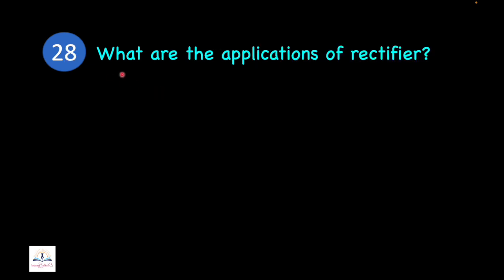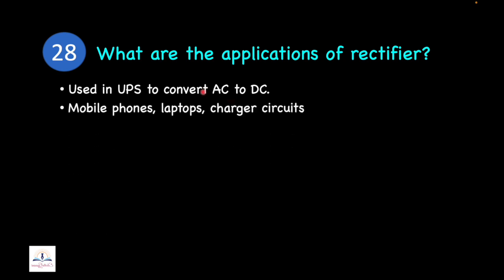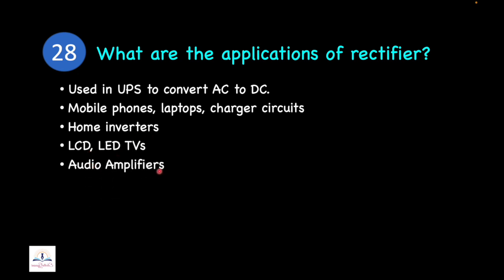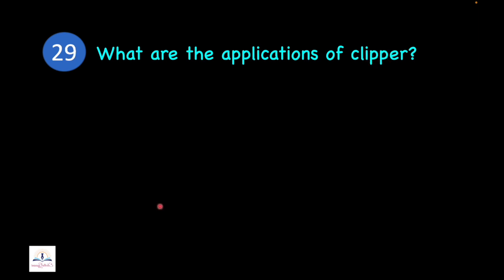Now what are the applications of rectifier? Rectifiers are very useful circuits. They are used in UPS to convert AC to DC, mobile phones, laptops, charger circuits, home inverters, LCD, LED TVs, audio amplifiers and radio. Apart from this, power supplies also use rectifiers. Next, what are the applications of clipper?